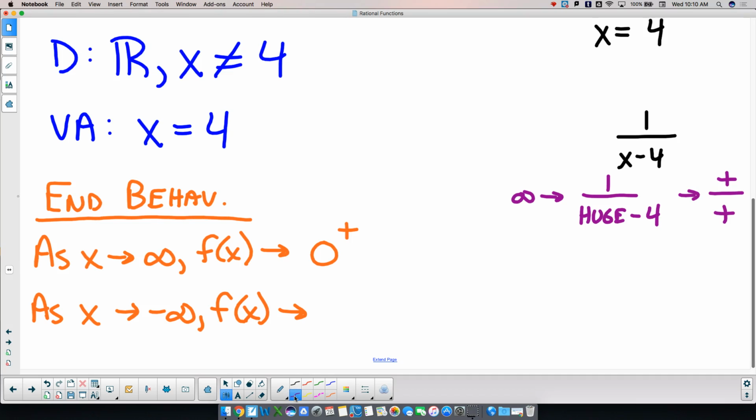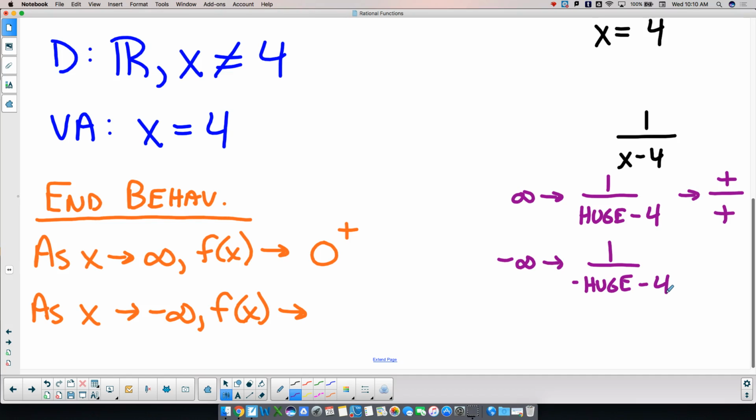Now, if I put in negative infinity, that's going to be positive 1 over a negative huge number. When I subtract 4 from a negative huge number, it's getting even huger.